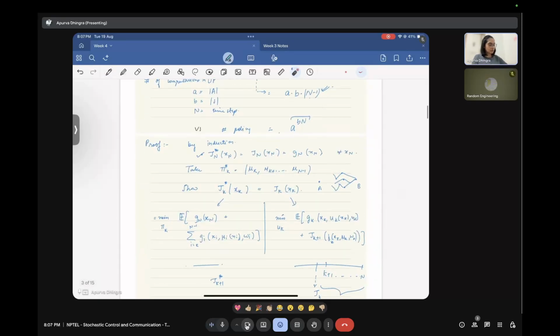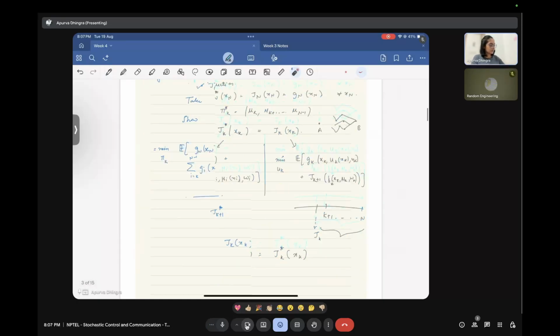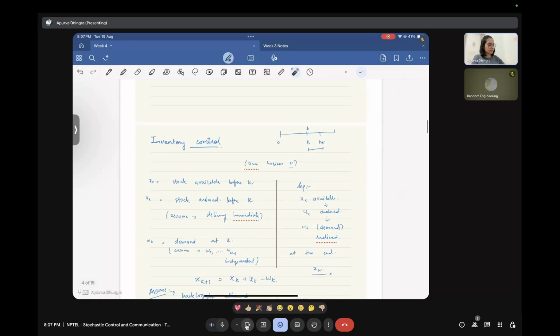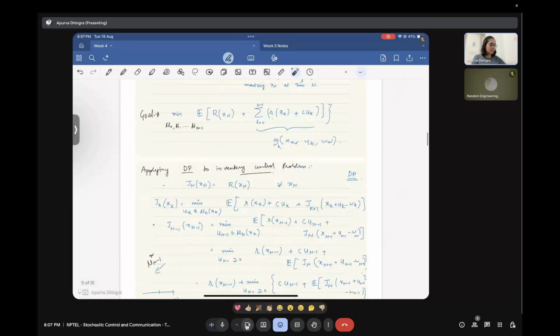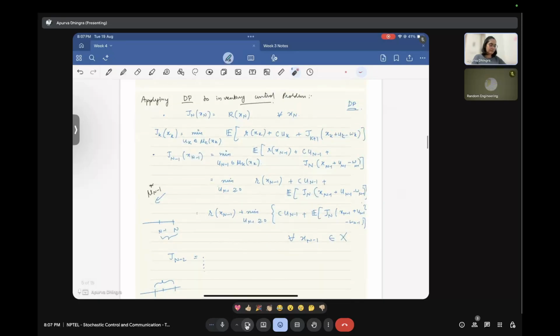Then, based on the idea of dynamic programming, how we are supposed to get the backward induction for these J values. We're supposed to start from the terminal state, go one step back, so look at the states at time n minus 1, then one more step back, and so on until we've finished the whole thing. Then we saw how this can be applied to the inventory control problem.